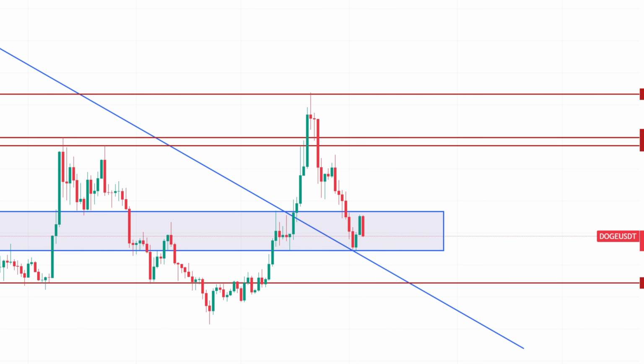And we do get a break of structure if we move back to the upside and break this high right here. Just to be on the safe side, I would like to see that we are leaving this support area and having a daily candle close above this rectangle. This is the first bullish confirmation that I'm waiting for.